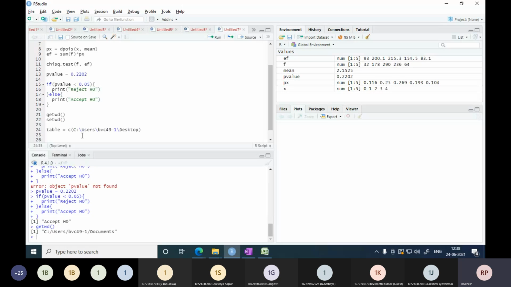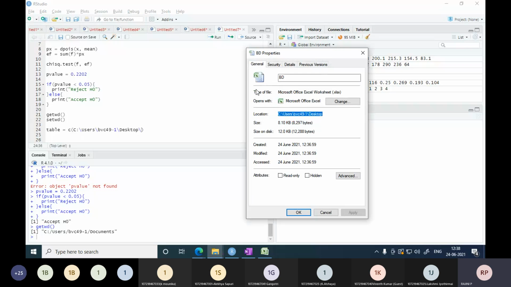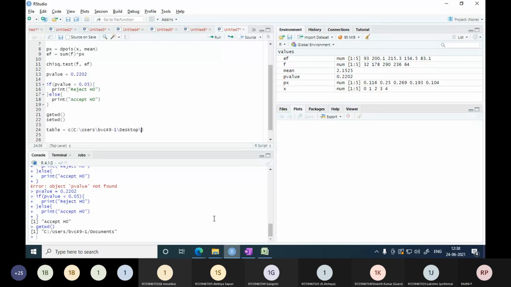After that, take a slash, and what is the file name? BD. Copy it and then paste it. The file is in Excel form, so write the xlsx extension of the file.